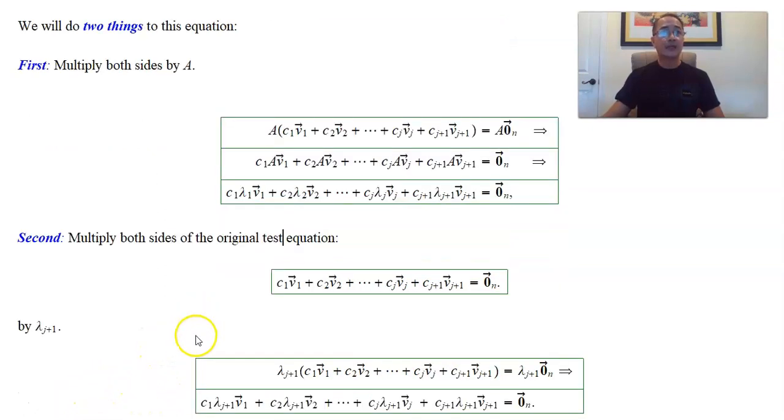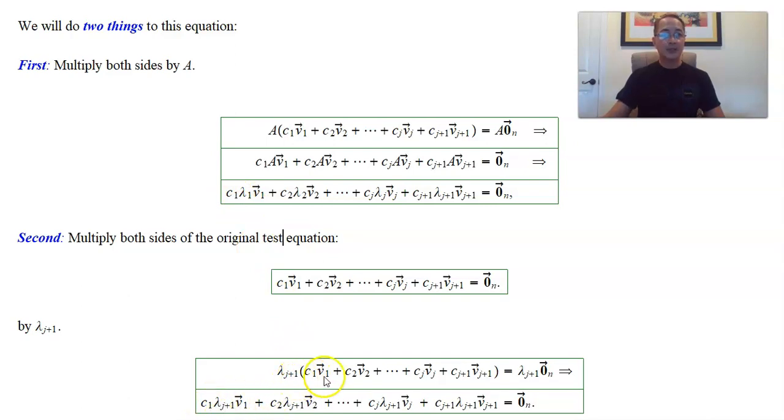Now I can start scrolling. Multiplied by lambda j+1, you get lambda j+1 c1 v1 after you multiply that through. But like before, we put c1 ahead.